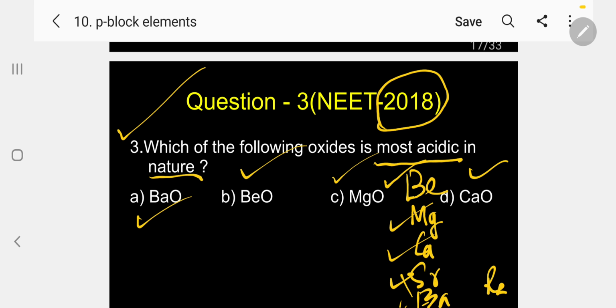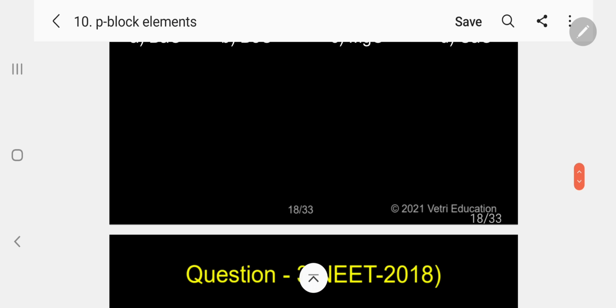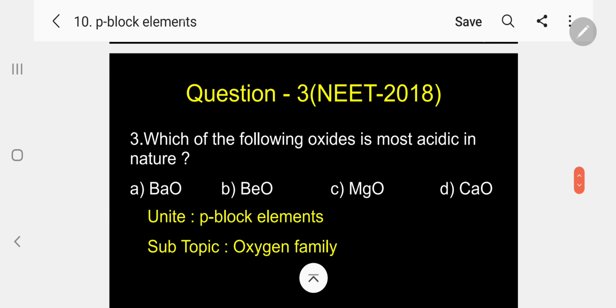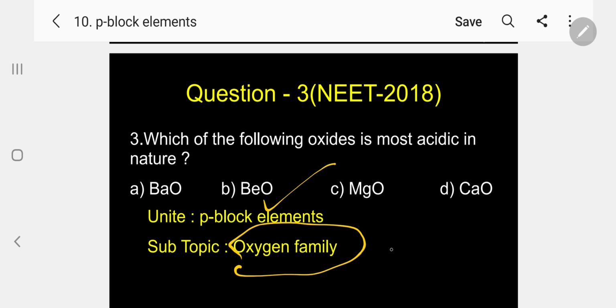Before that, let me say the topic: this is as usual P block elements, strictly speaking the oxygen family, but we can also use the S block elements family.